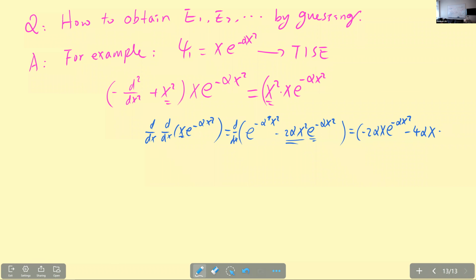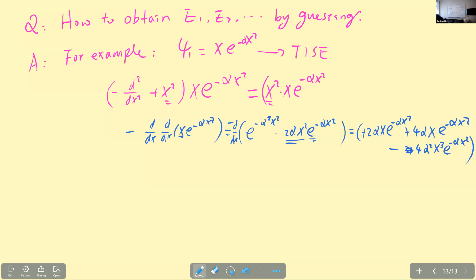So that will give you another minus 2, so that could be plus 4 alpha squared x cubed, e to the minus alpha x squared, okay? And there's a minus sign right here. So this one will be changed to be plus and plus, and this one will be minus, right?